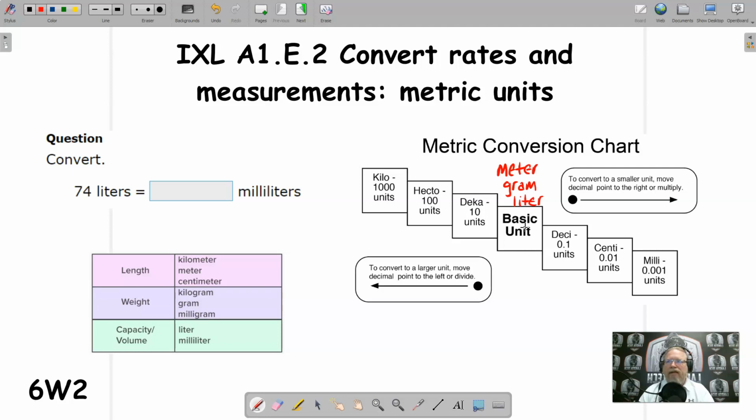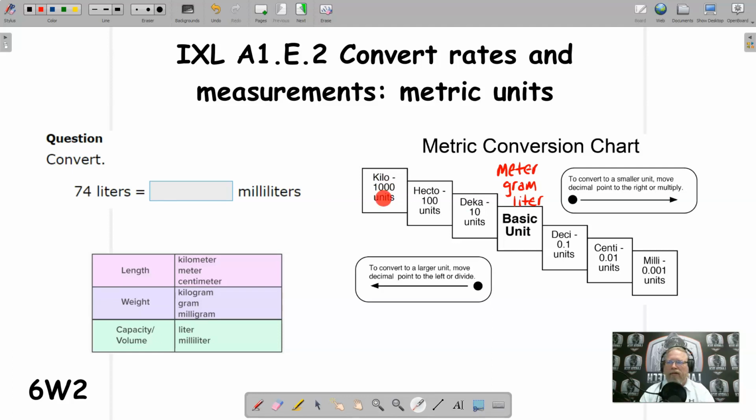But let's say that we said 1,000 meters. Well, instead of saying 1,000 meters, we could just have 1 kilometer. And so you'll see kilo out here on this end here. So basically, these other measurements here, notice that these are prefixes that would go in front of the base unit. Like kilo is 1,000 units.